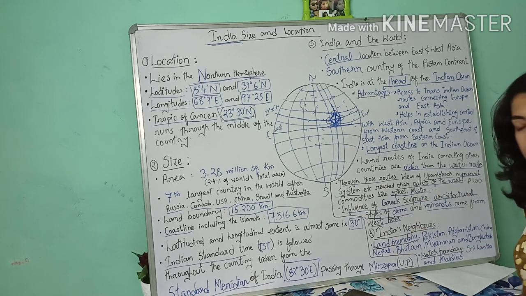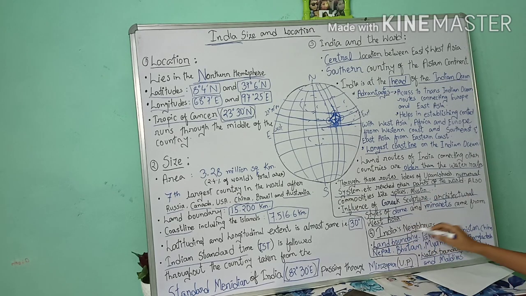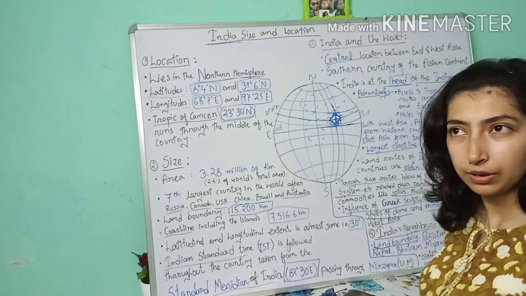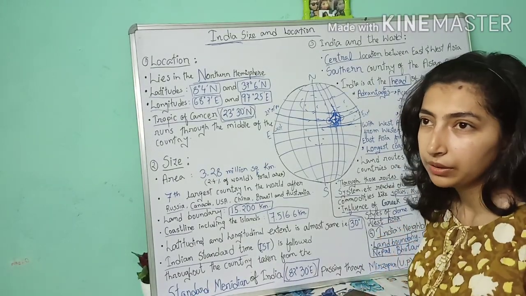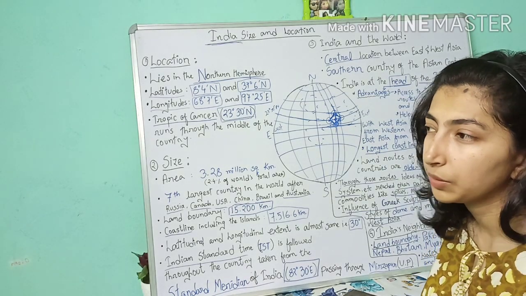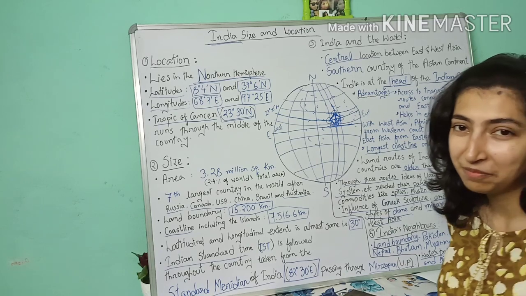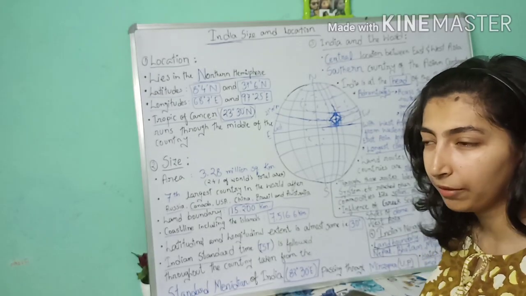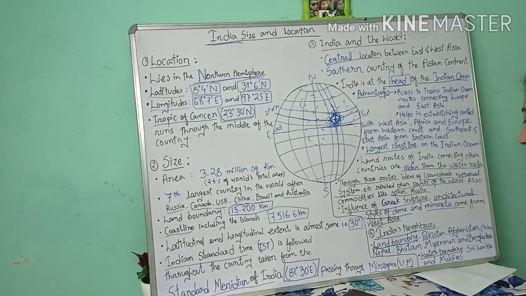Then the last part of the chapter, that is the Indian neighbors. It's very important for any country to have good neighbors and be in good relation with them. Though our condition is not very good, frankly speaking, we don't have very good relations with our neighbors. Not all of them; with some we have cordial relations.